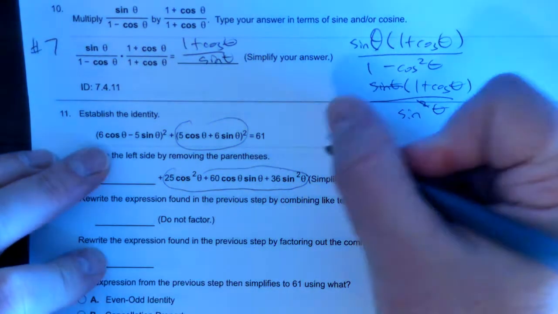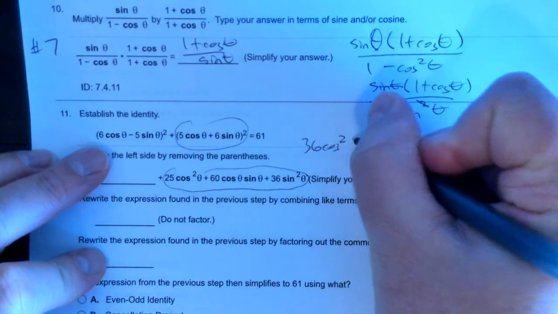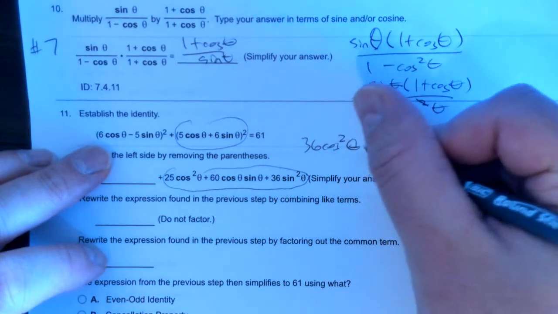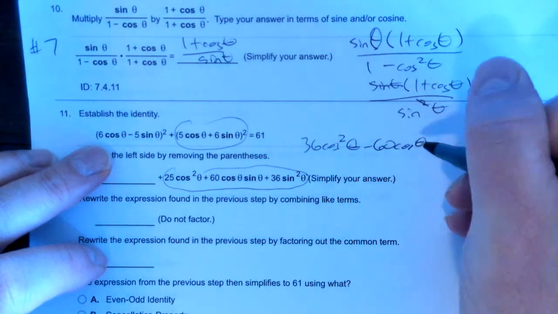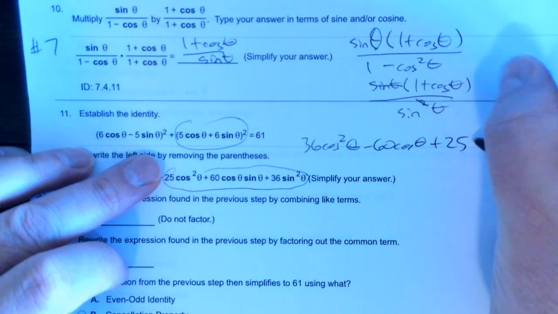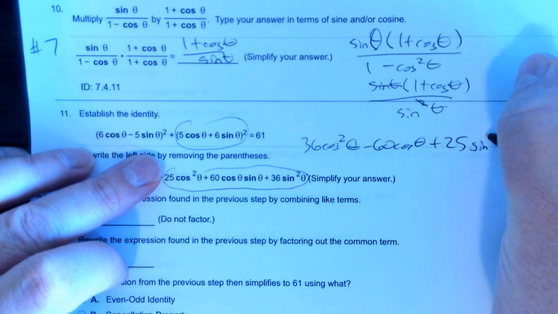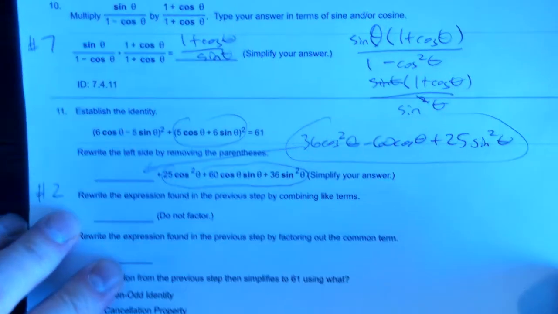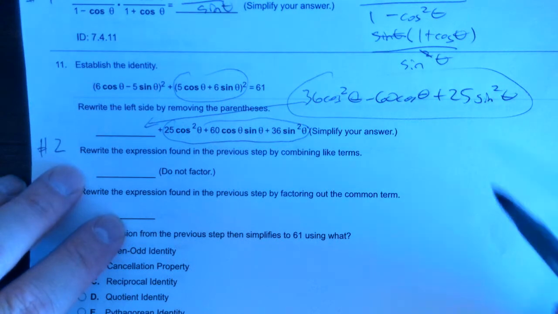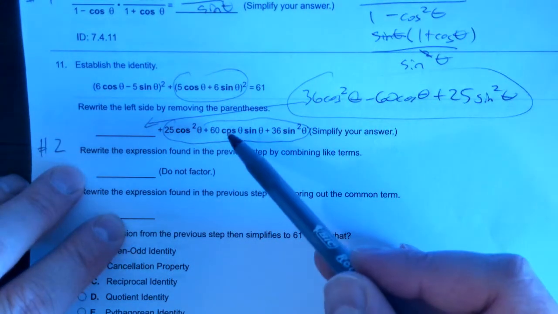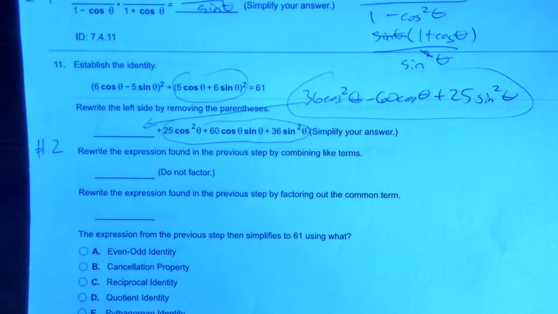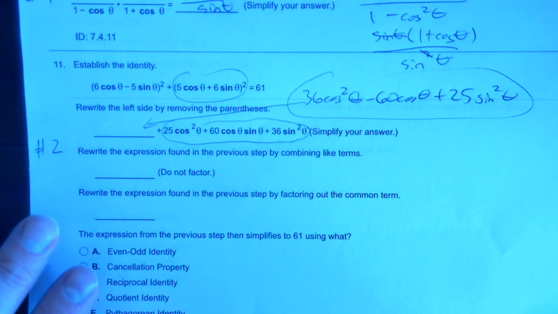We're going to get 36 cosine squared theta minus 30 times 2 is negative 60, and then plus 25. So that would go in your first blank. So notice your negative 60 plus 60 cancels, and we just need to do 36 plus 25, which is 61.